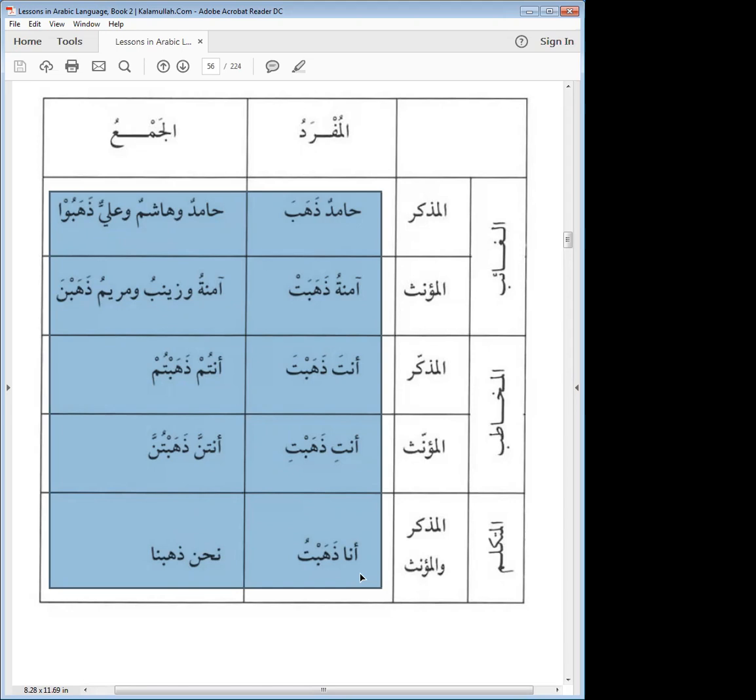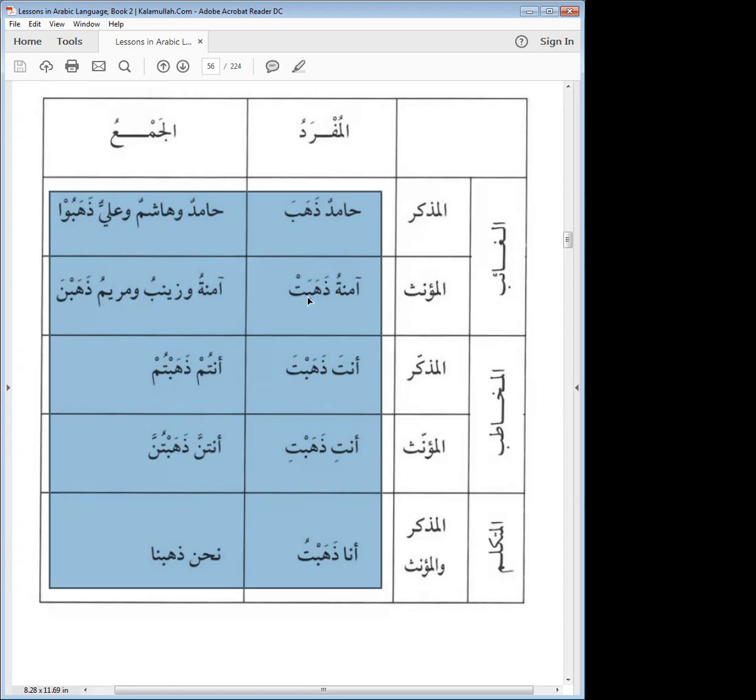Aminatu wa Zainabu wa Maryamu dhahabna. Anta dhahabta. Antum dhahabtum. Anti dhahabti. Antunna dhahabtunna. Ana dhahabtu. Nahnu dhahabna.